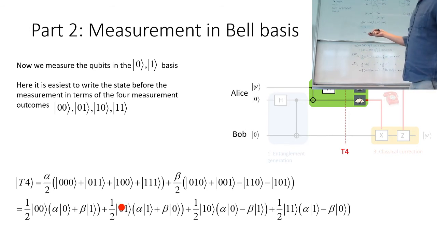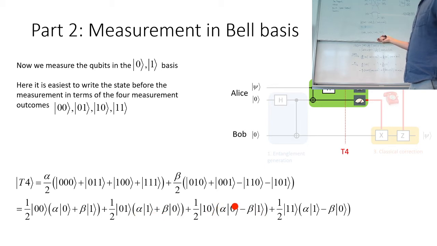Now if we look at the other terms, for this 0, 1 case, this is not exactly Alice's original state. This part here is Alice's original state. This is alpha 1 plus beta 0. So it's similar to Alice's state, but not quite, or more precisely, the 0 and 1 have been swapped.